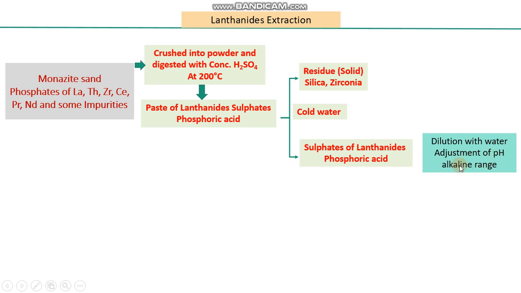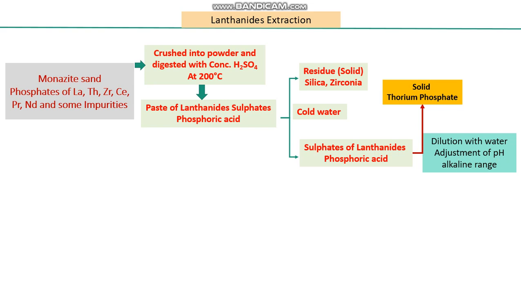The pH of the solution can be adjusted to the alkaline range, and if you remember, lanthanide oxides can be used as bases in order to adjust the pH of the solution. Why lanthanide oxides? In order to avoid further complication, because we are dealing with lanthanides. Therefore, if we use lanthanide oxides for pH adjustment, there will be no technical hurdle in separation of lanthanides as compared to other bases.